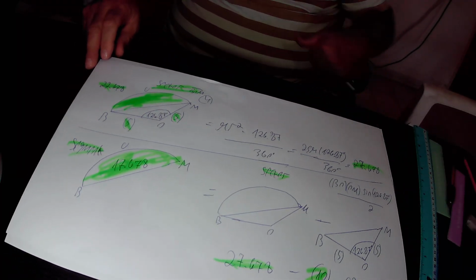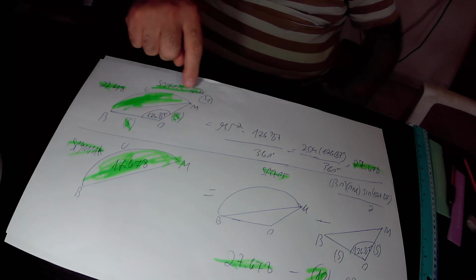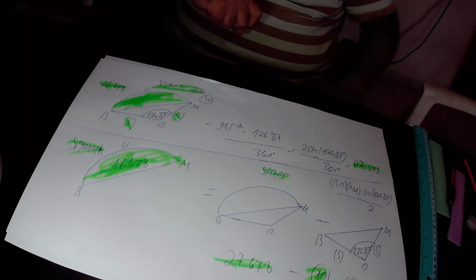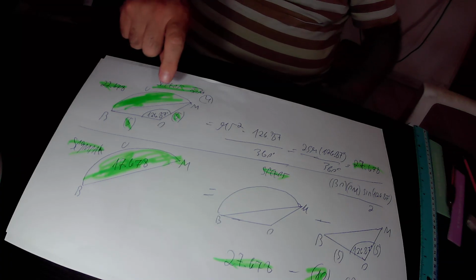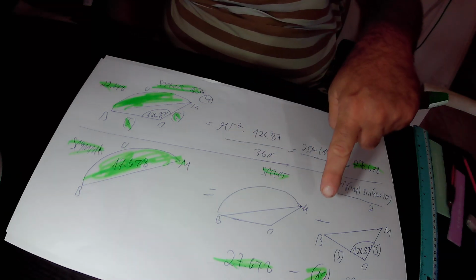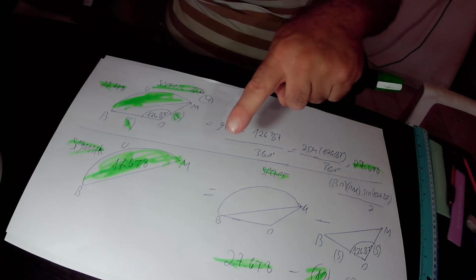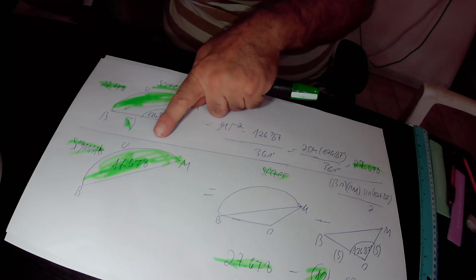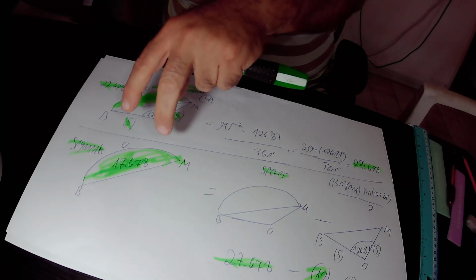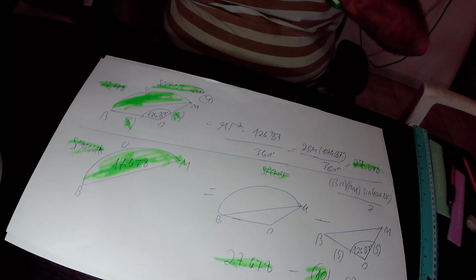It is very easy to see from the drawing that if you remove from this sector BOM this triangle BOM, we get exactly the upper segment BOM. So the area of the upper segment BOM will be equal to the area of the big sector BOM minus the area of triangle BOM.